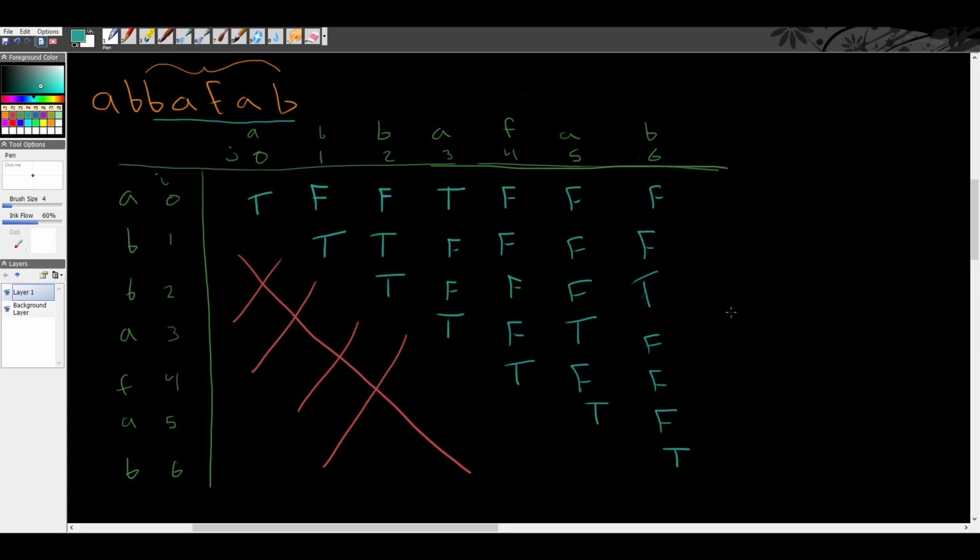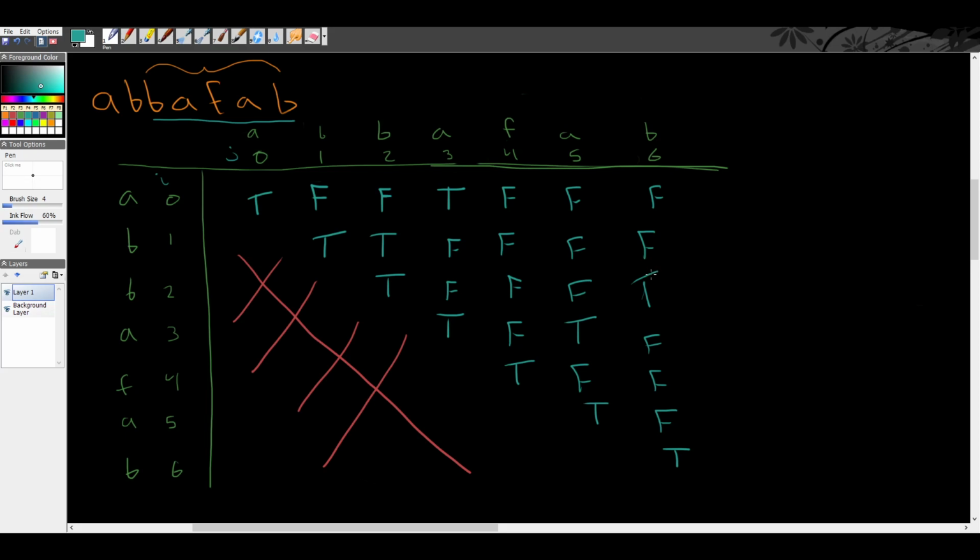So we're done. Now, how do we compute our answer? The problem asks us to return the actual string. So you could go back and look at all the trues and see which one's the biggest, and sure, that would end up with the same runtime.